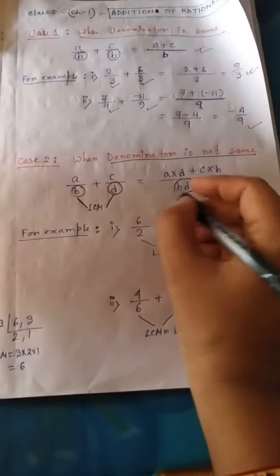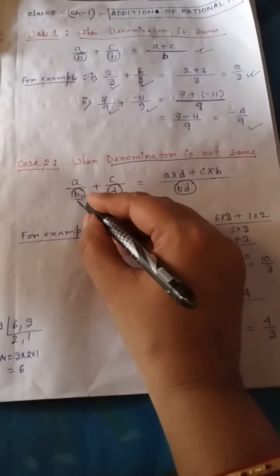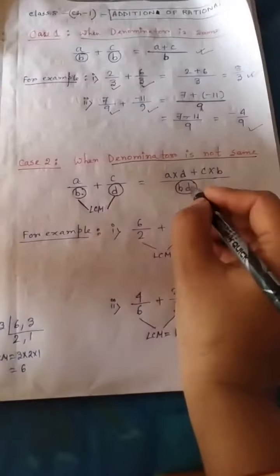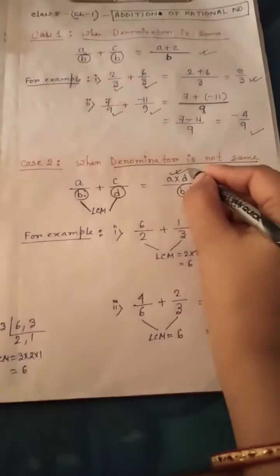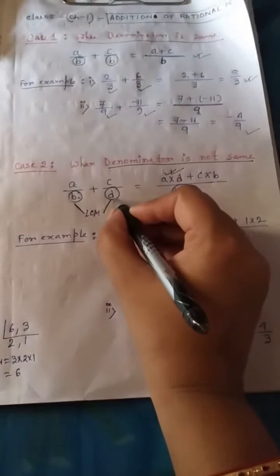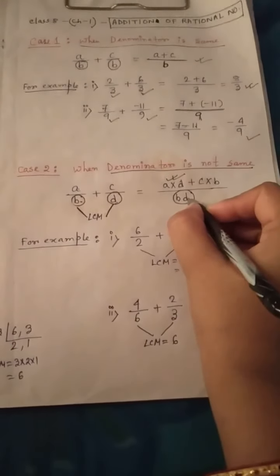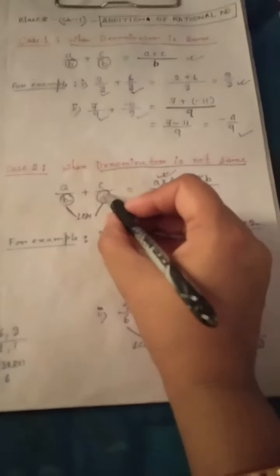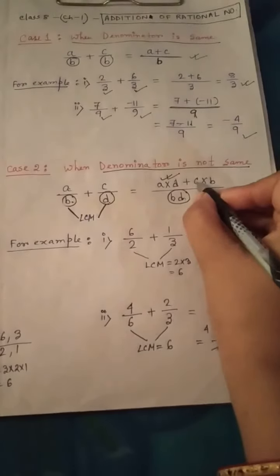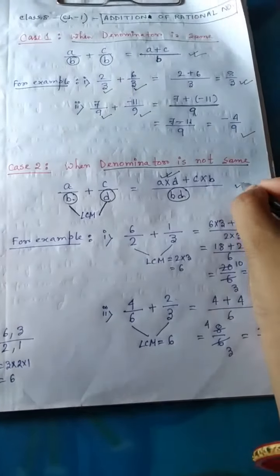So here b and b is common, so we write a into d. And here also d and d is common, so we write c into b. So this is your answer.